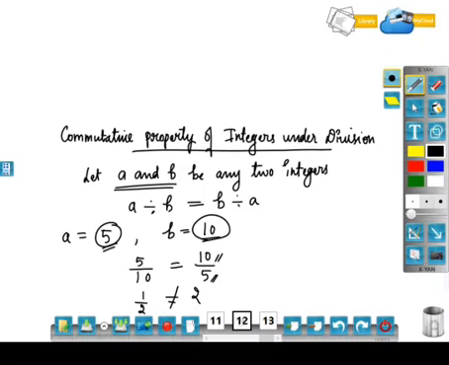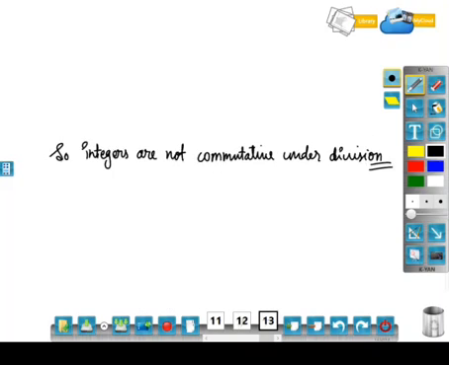So when they are not equal, we can say that integers are not commutative under division, because the left hand side and right hand side of the equation are not equal. Is it clear now?